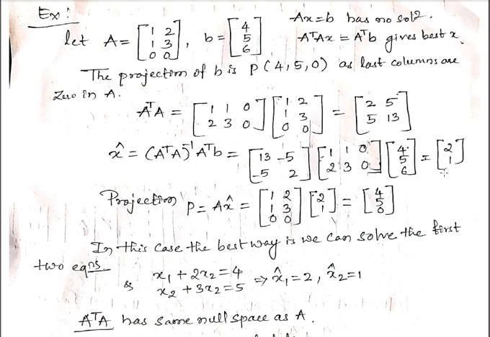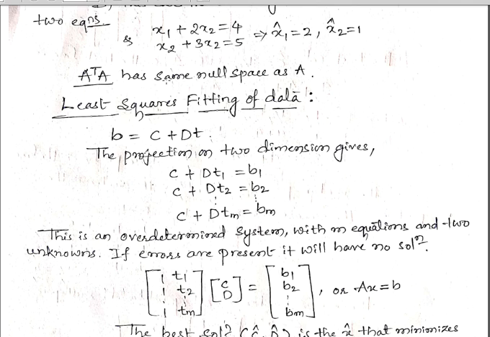Means the same values we get. Now this is a trial method by which we are checking. By trying, we understood that the solution of this matrix is x1 is 2 and x2 is 1, and the same we have obtained by the least squares method.